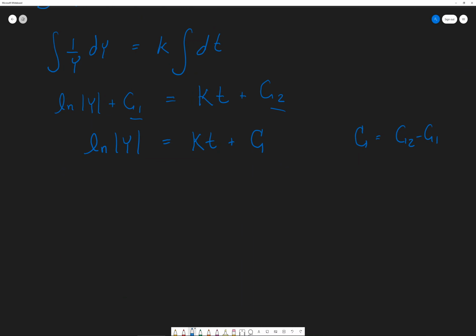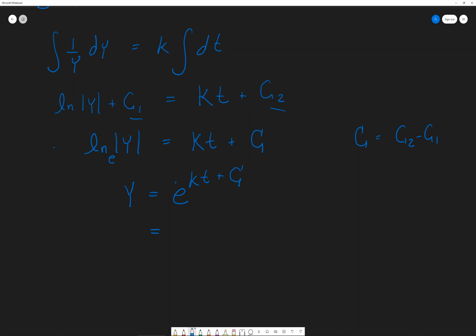I could, if I wanted to, since ln has a base of e, say that y equals e to the kt plus c. This is a perfectly good solution. So e to everything on the right hand side equals y.